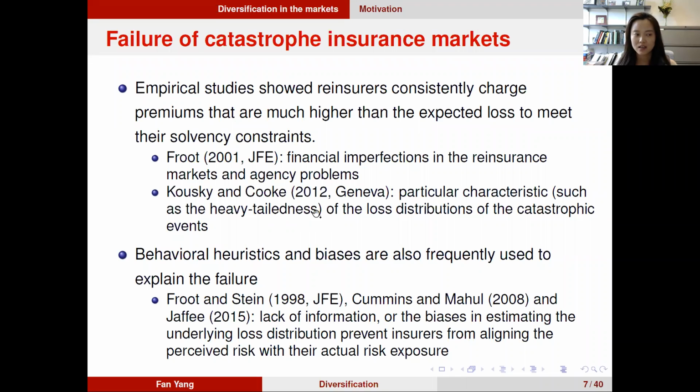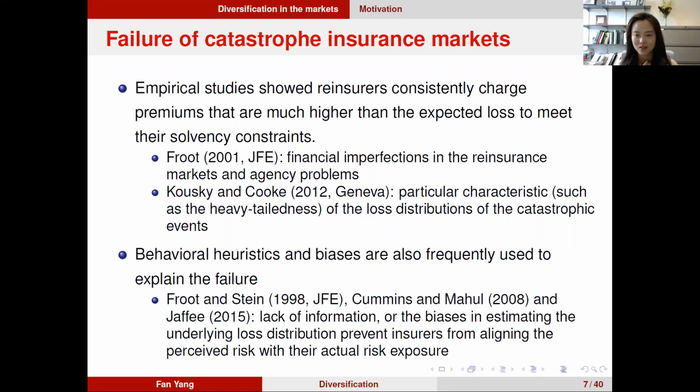And the second explanation is the heavy-tailedness of the losses, because a lot of empirical studies support that catastrophe losses are heavy-tailed. That means they have the potential to produce huge losses, with a relatively not so low probability.